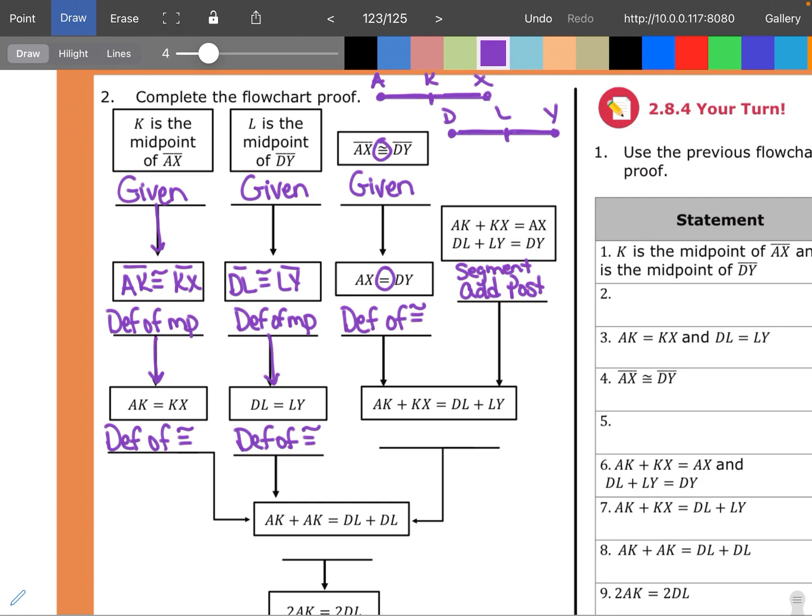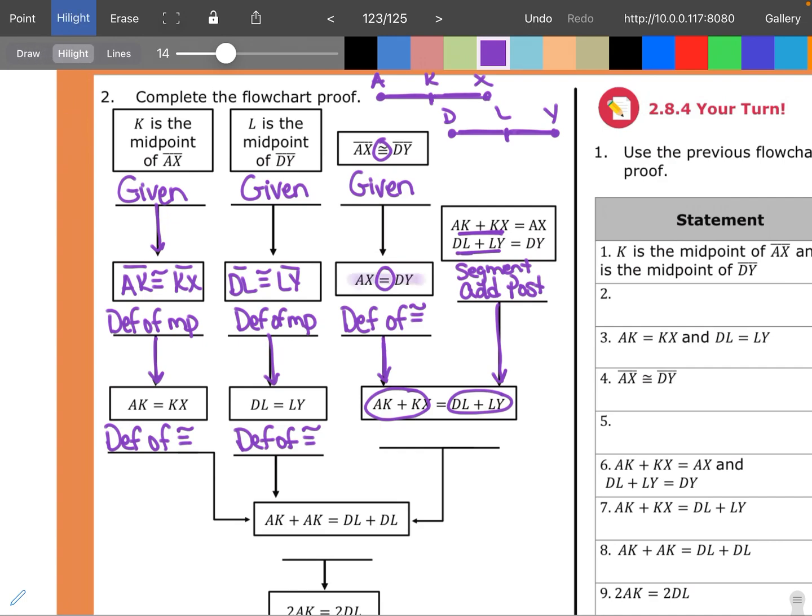Now we've got to take these two to see what's going on there. So I have this and I have this, okay, which is part of this right here. It basically says AX is equal to DY, that is referenced right here.